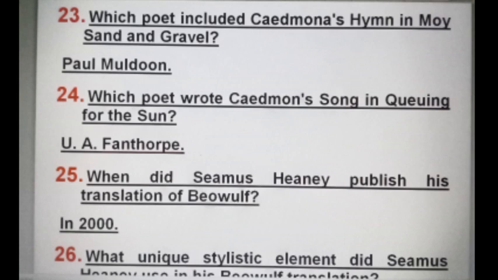Which poet wrote a Caedmon song in A Queen for a Son? U. A. Fanthorpe. When did Seamus Heaney publish his translation of Beowulf? In 2000.